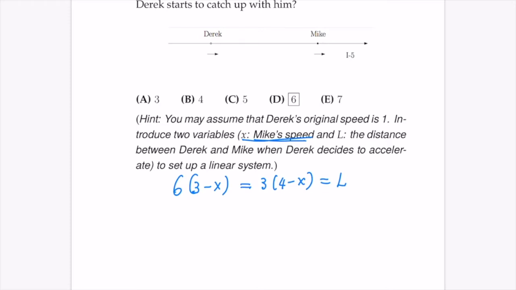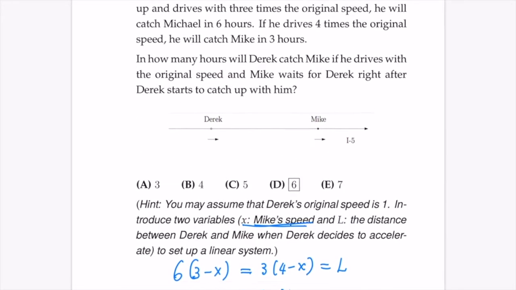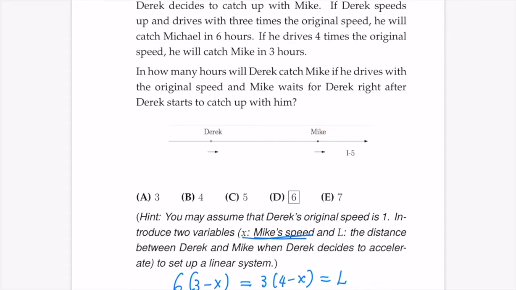If we solve the equation, we get 18 minus 6x equals 12 minus 3x. So therefore, 6 equals 3x, and x is equal to 2. When x is equal to 2, L is equal to 6 times 3 minus 2, which is 6. So the distance between the rig and Mike originally was 6. The answer is D.